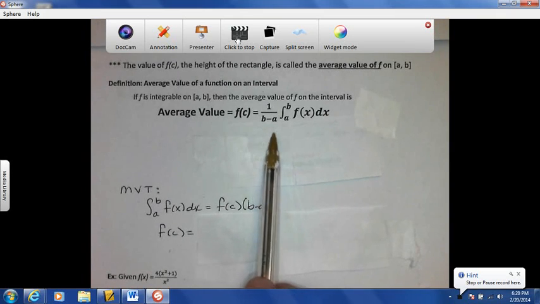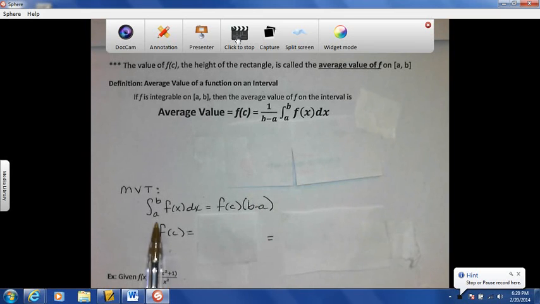Now this really is not a different formula from the mean value theorem we saw on the previous page. If I take that mean value theorem, the integral from a to b of f of x dx, which is equal to the area of our rectangle, where f of c is the height of the rectangle, b minus a is the width of the rectangle, and I solve it for f of c, the height of the rectangle.